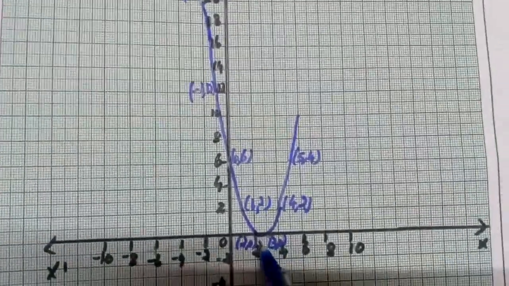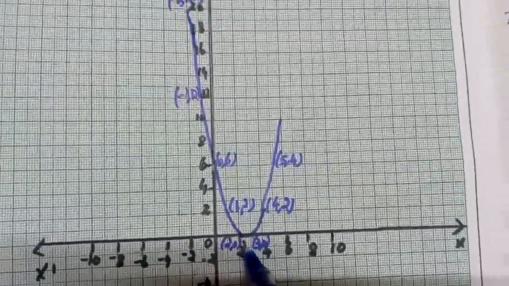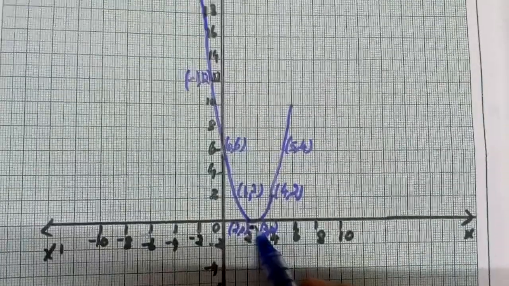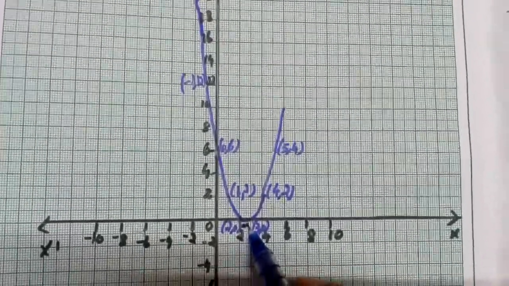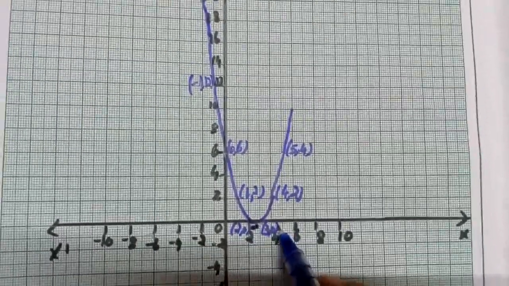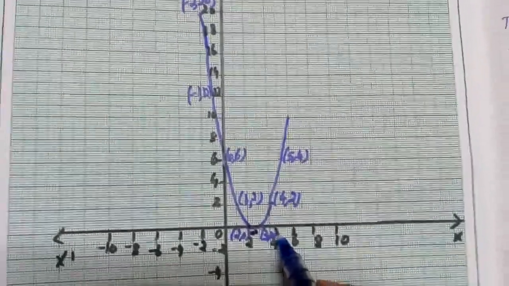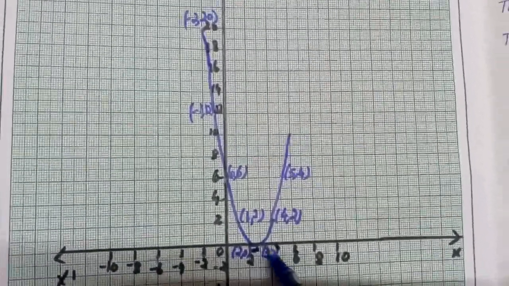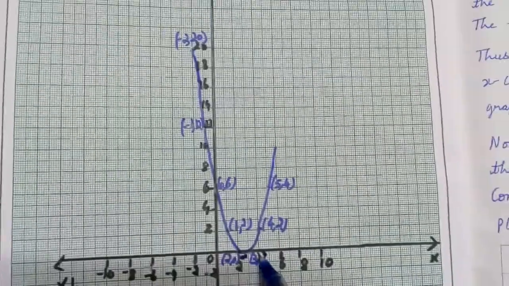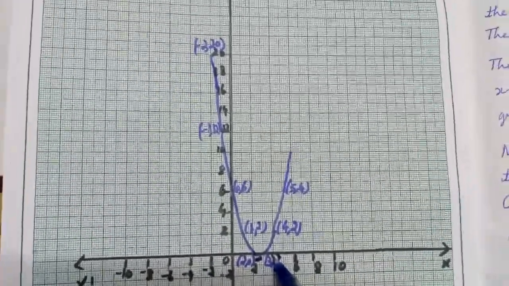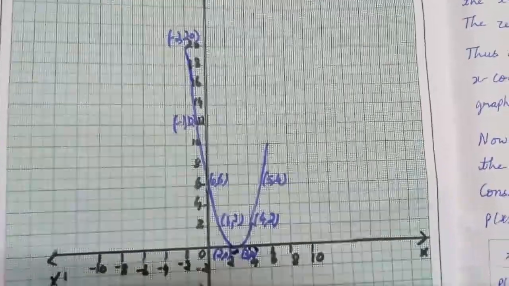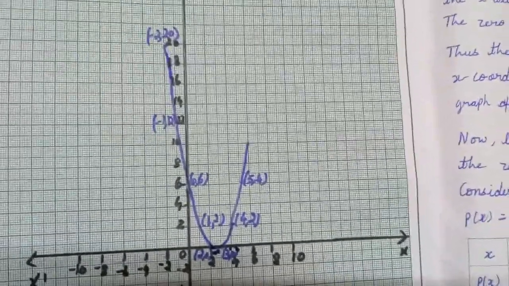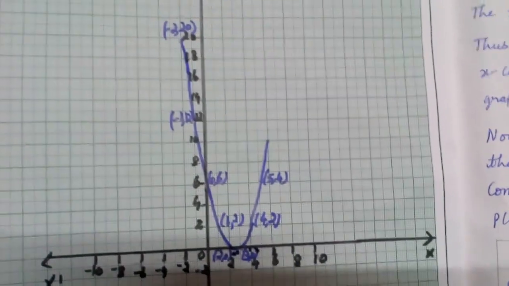Here you can see that the graph intersects the x-axis at 2 and 3. That means the zeros of this quadratic polynomial are 2 and 3. So you know that the zero of a polynomial is the x-coordinate of the point where its graph meets the x-axis.